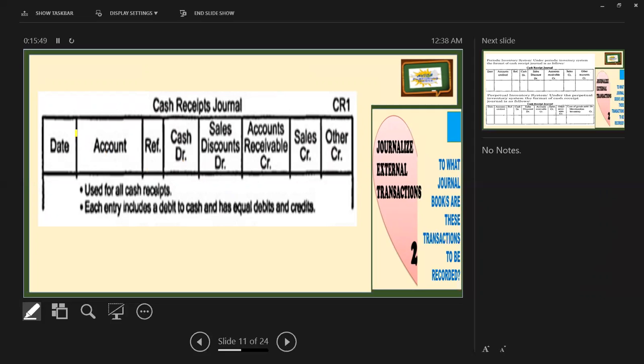So the headings of the cash receipts journal are the following. We have the date, the account name, and a column for other transactions. Then we have the posting reference, then we debit cash, we debit sales discounts, we credit accounts receivable, and we credit sales.